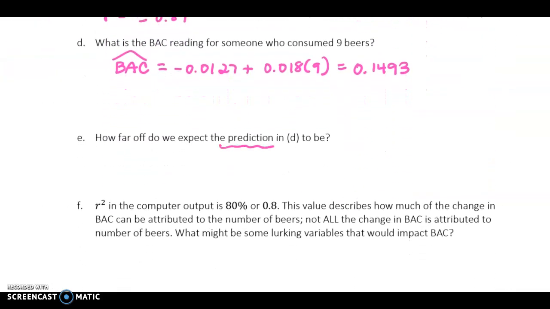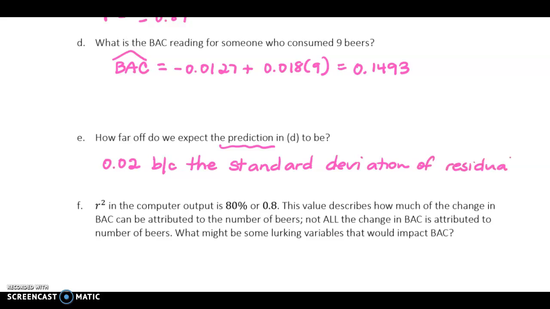So we expect the prediction to be off by 0.02 because the standard deviation of the residuals gives the average prediction error.